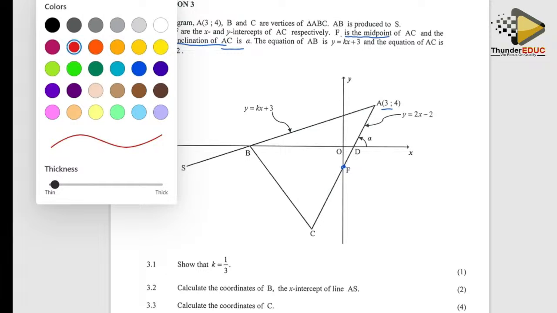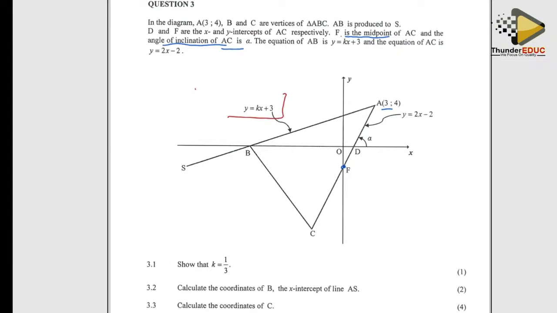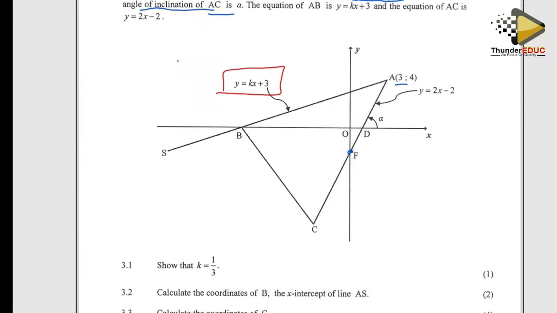So what we need to do is that K is within the equation of AC or AB. We can get one set of coordinates, which is A, and we use that. So I'm going to say y is equal to Kx plus 3. Where there is x, I'm going to put a 3. Where there is y, I'll substitute a 4. So 4 is equal to Kx plus 3. I'll transpose the 3 to that side.